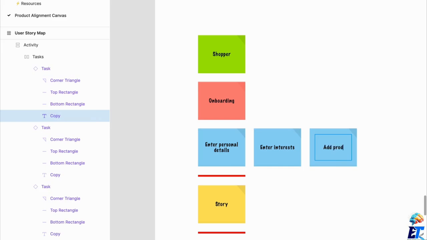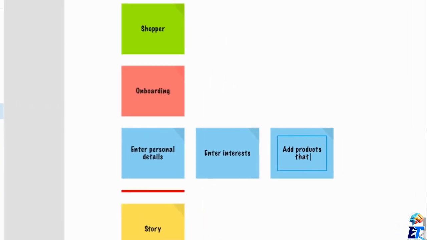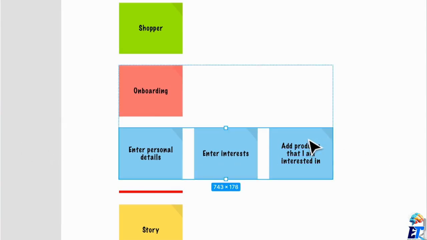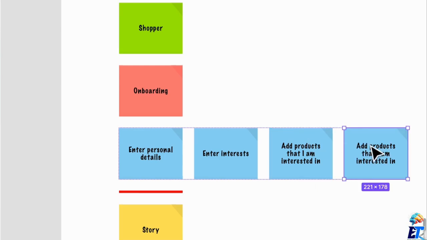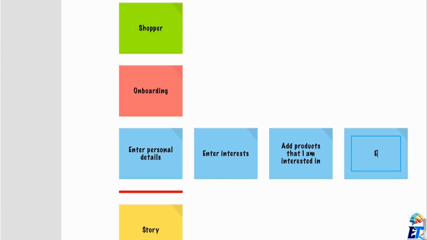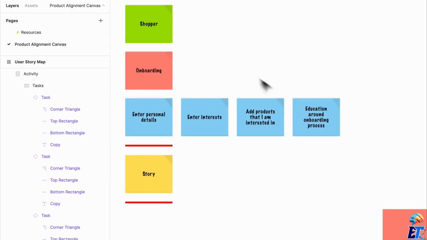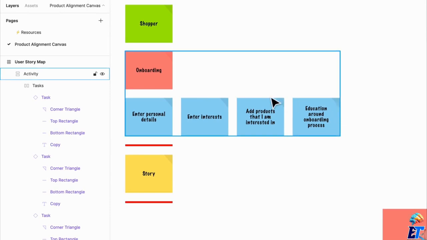Add products that I am interested in. Maybe there's an education portion, education around the onboarding process. So these are all the different types of tasks that need to be completed in order for somebody to complete this activity. As you can see, we're starting to build that backbone.